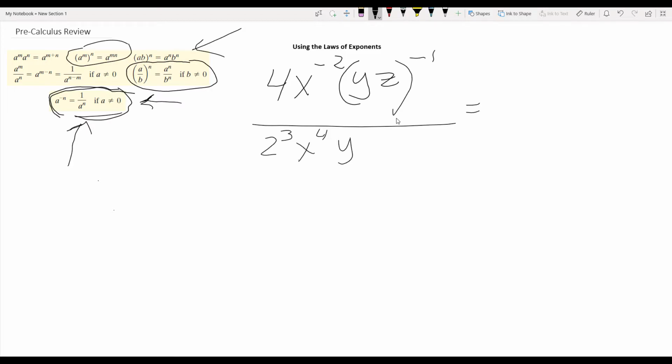Okay, so once again, using the same formulas, we can rewrite this as 4 times x being affected by negative 2. We use this one again.